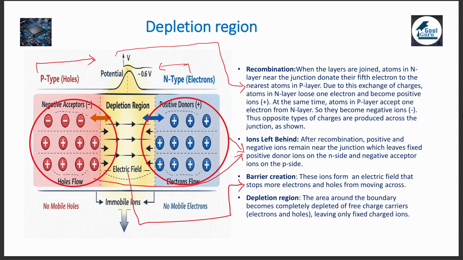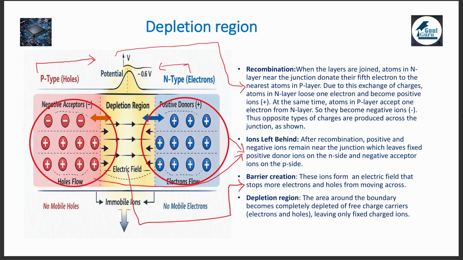Now what happens? After recombination, positive and negative ions remain near the junction. This leaves the fixed positive donor ions on the inside because it has lost one electron. It has become a donor.